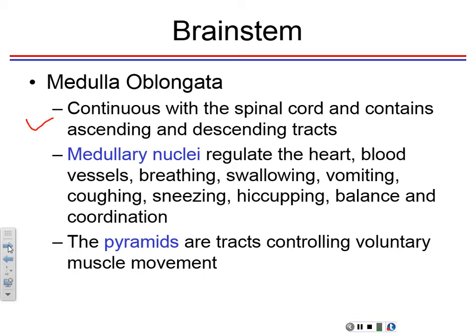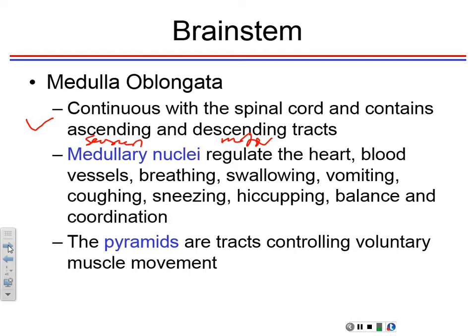Okay, it's the last part of the brain, so it will have ascending and descending tracts. That means ascending will be going to the brain, sensory, and descending will be going to the muscles and so forth to control all the activities, right? So sensory and motor, descending tracts.